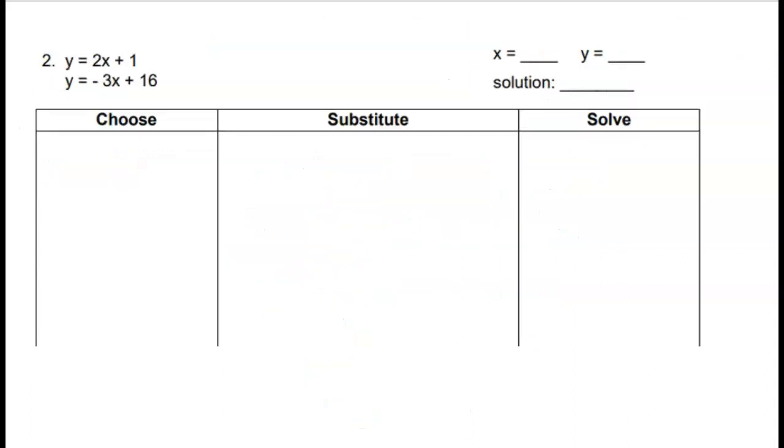When I have a system, I look at my system and I choose one that has already been solved for x or y. In this case, they have both been solved for y, and so it really doesn't matter which one I choose. So I'm going to choose that one first. And then this one is going to be next. And then I'm going to go back to the first one to start with.